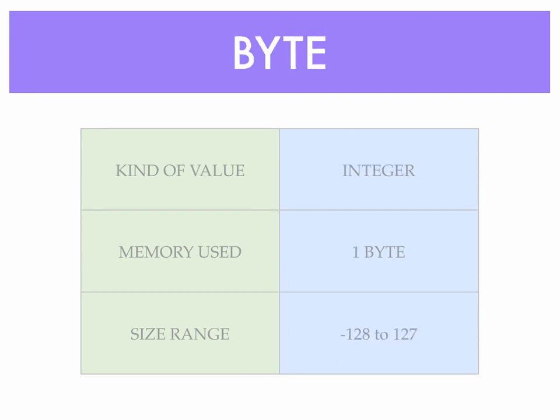A byte is an integer, that is a whole number, uses 1 byte of memory, and the size ranges from the number -128 to +127. A short, again, holds an integer, uses 2 bytes of space, and will hold a value from -32,768 to +32,767.